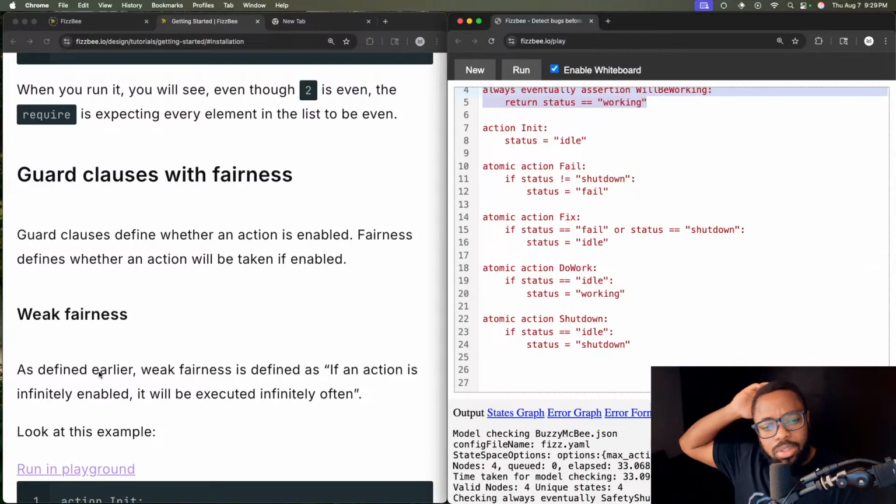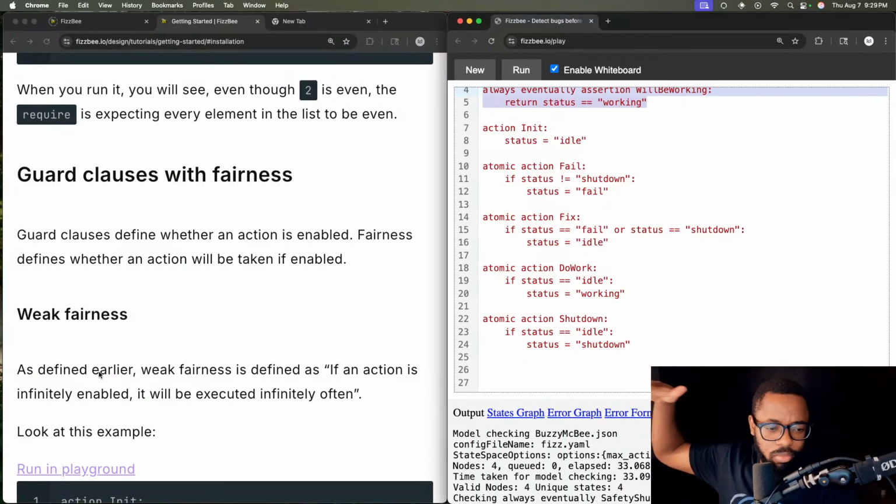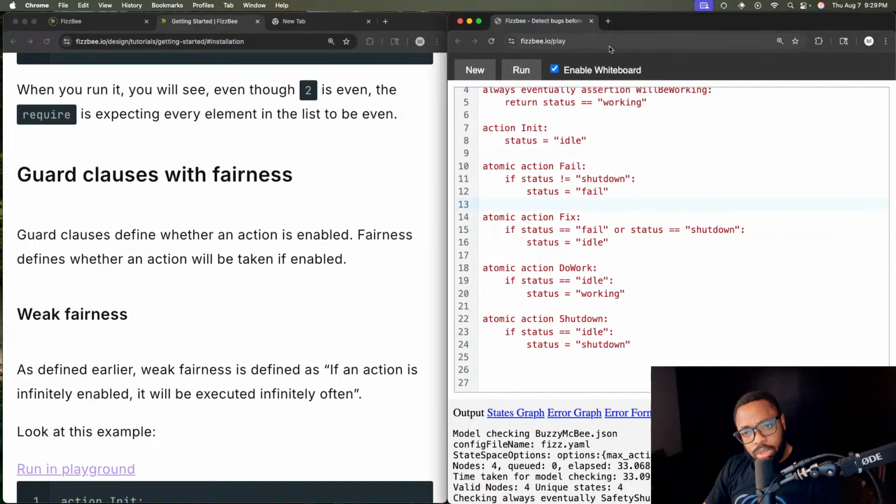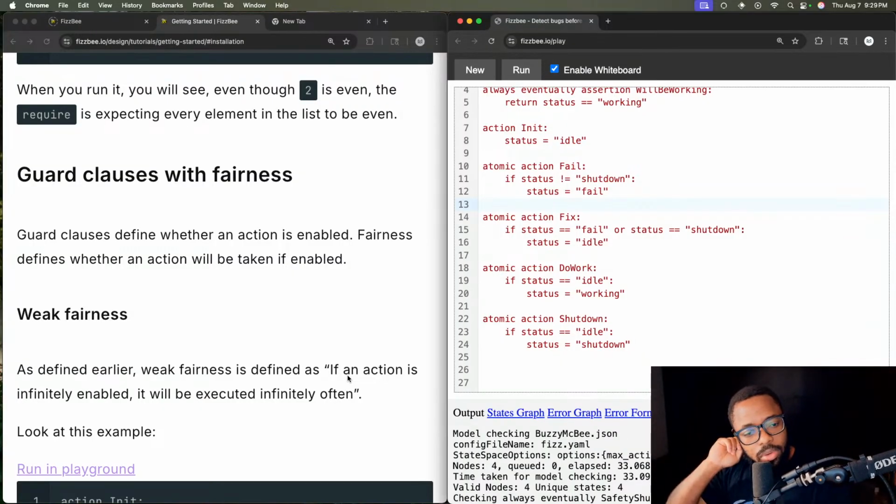So with weak fairness, the state space is reduced. I don't know, I guess maybe it's just the way I'm understanding it. Maybe one would say that actually it's the reverse, as in it matches the weak qualifier.